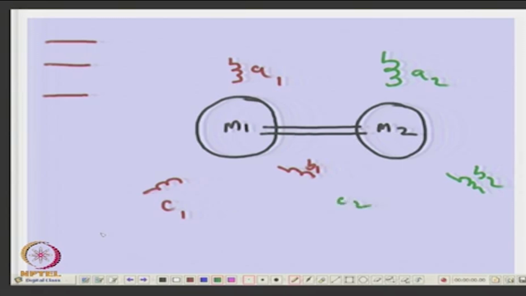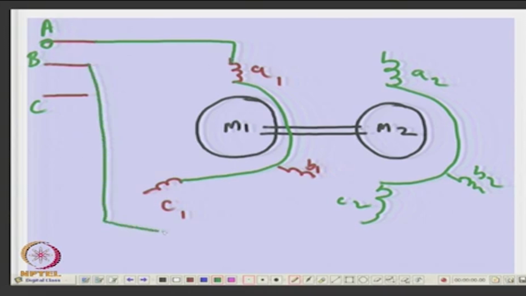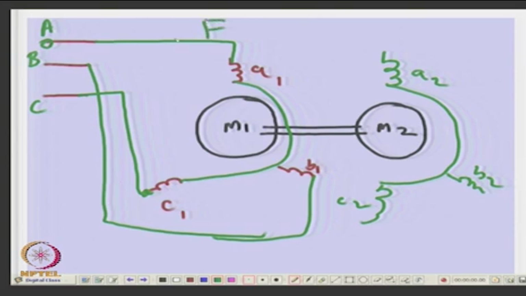Assuming they are all star connected, if this is the supply points A, B, C, you would normally connect one machine A, B and C. Normal. This is the forward motor.